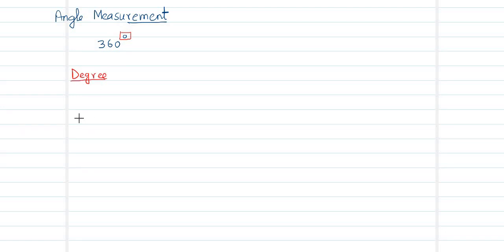Is there any other angle measurement? Yes, that is known as radian measure. Anything else? Yes, that is known as grade measure. So roughly 3 different types of angle measurement: degree measurement, radian measurement and grade measurement.